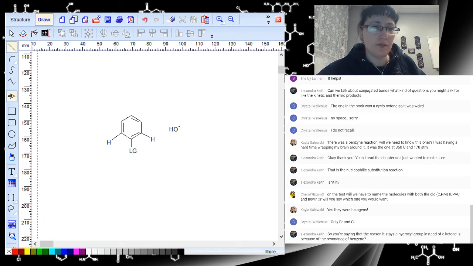There we go. All right. Okay. So if I put in, let's do my base attacking there. Okay. That bond's going to break, come in and form the triple bond, and that's going to make the leaving group leave, because that's what leaving groups do, right?